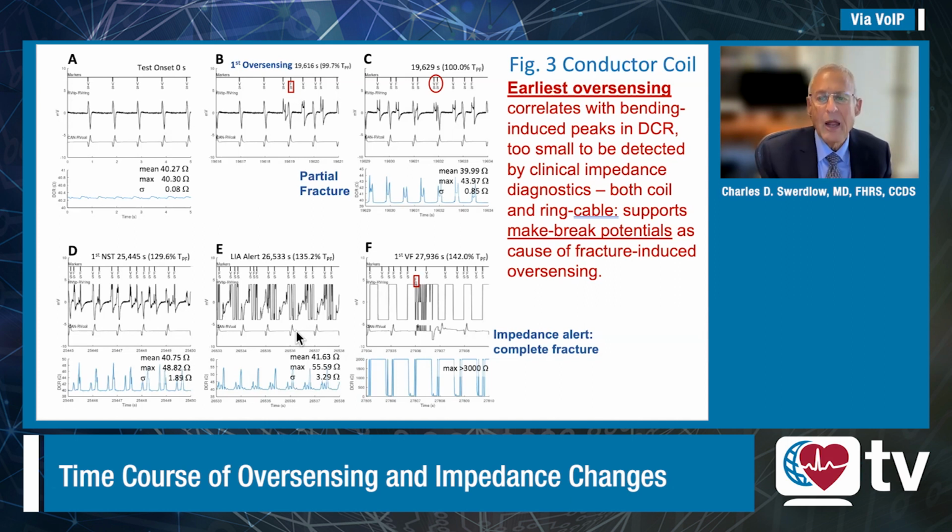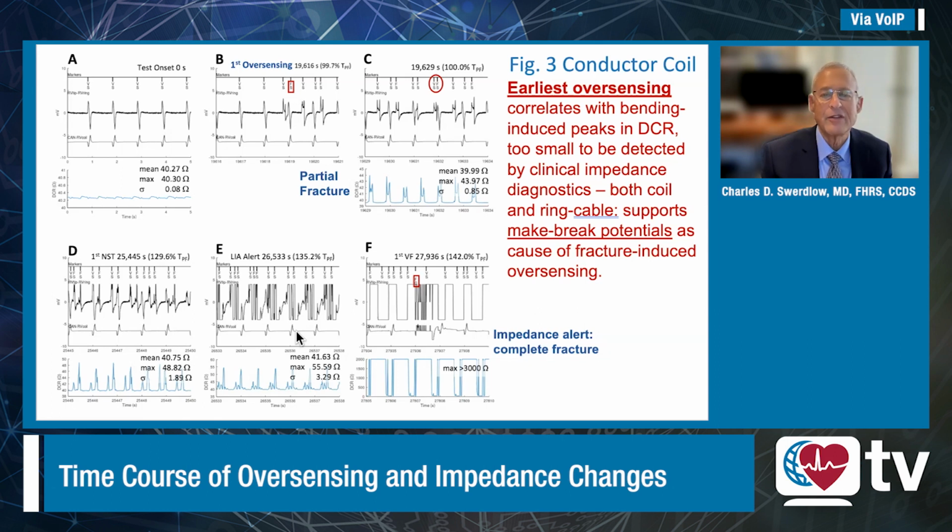Now, of course, the point you made is implicit: before replacing a lead, it's essential that we understand and confirm that the electrograms really are characteristic of fractures rather than some other cause of oversensing, such as electromagnetic interference or diaphragmatic myopotentials. Right.